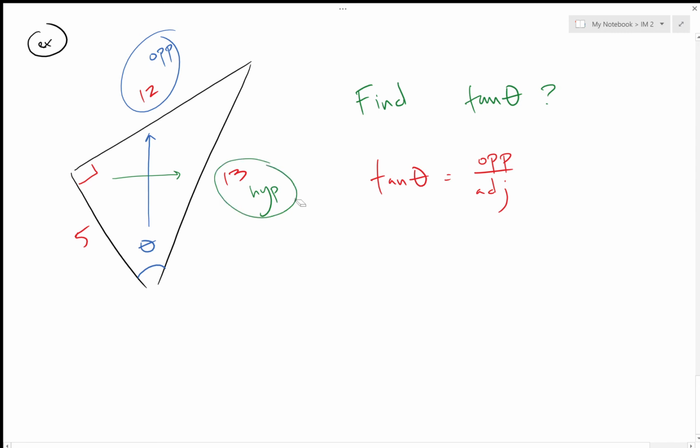So we don't actually need that one, not for tangent. The one that we need is the 5. See, that's the side touching the theta, but it's not the longest side, so this one is the adjacent side. So setting this up, we need opposite 12 over adjacent 5, and that does not reduce anymore, so the tangent of theta is just 12 over 5.